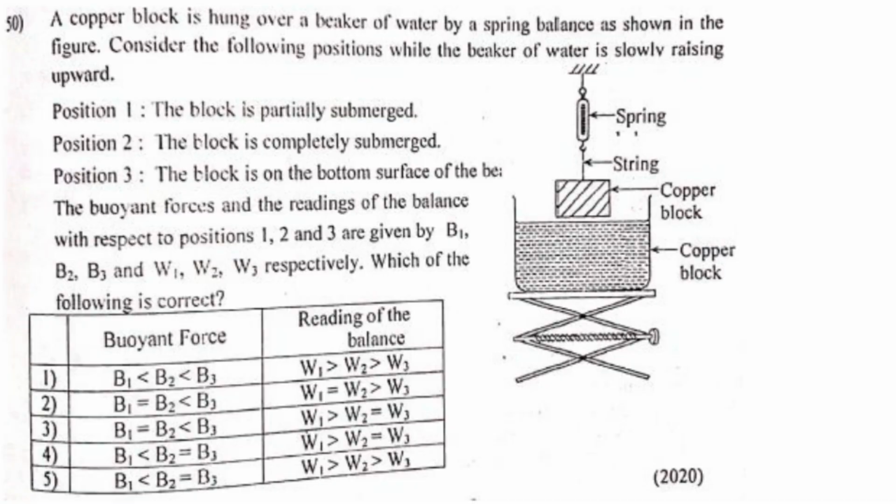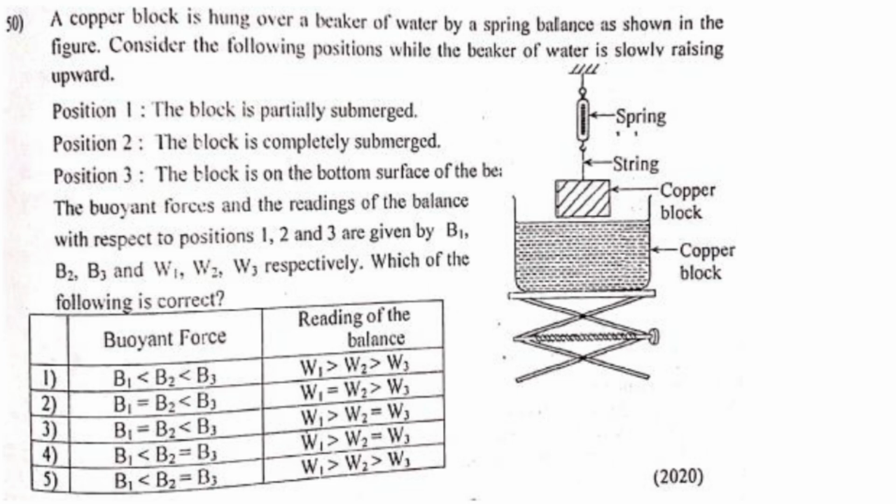50. A copper block is hung over a beaker of water by a spring balance as shown in the figure. Consider the following positions where the beaker of water is slowly raised upwards. Position 1: the block is partially submerged. 2: the block is completely submerged. 3: the block is on the bottom surface of the beaker.